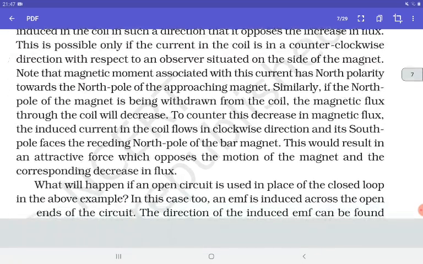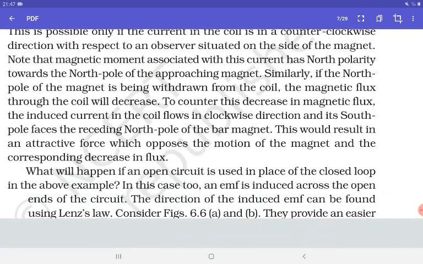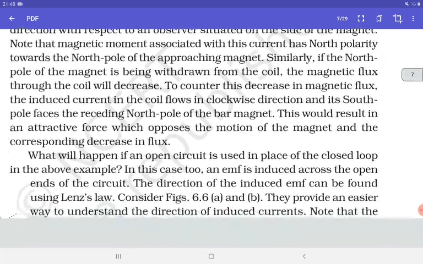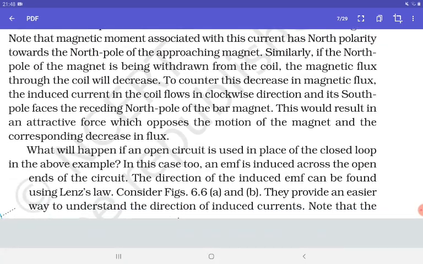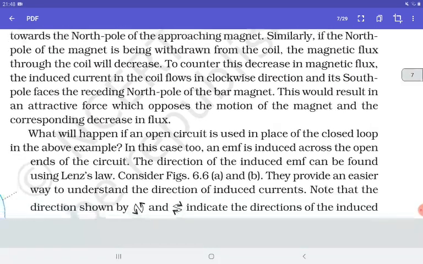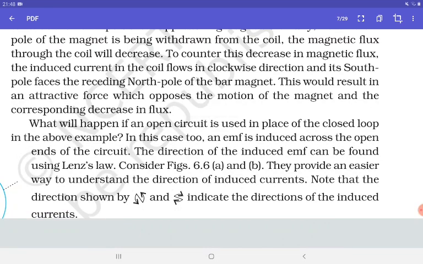Similarly, if the north pole of the magnet is being withdrawn from the coil, the magnetic flux through the coil will decrease. To counter this decrease in the magnetic flux, the induced current in the coil flows in clockwise direction and its south pole faces the receding north pole of the bar magnet.